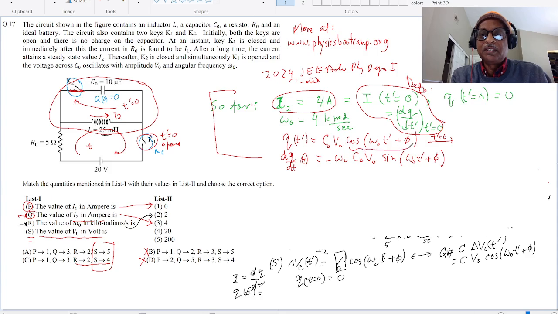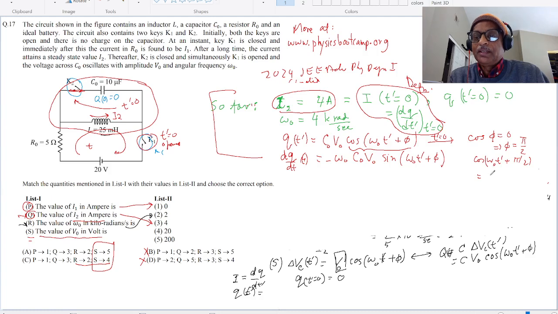That means cosine phi is 0. That means phi is pi over 2. That means cosine pi over 2 plus that. So cosine omega 0 t prime plus pi over 2 just will make it minus sine omega 0 t prime.